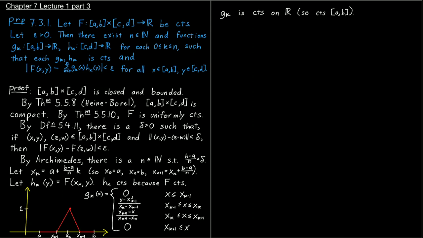All right, so now we know what our h_k's and g_k's are, and we've seen that they're both continuous. Now we just need to show that f is close to the sum of these g_k's and h_k's. So let's pick some point (x,y) that's in our rectangle.